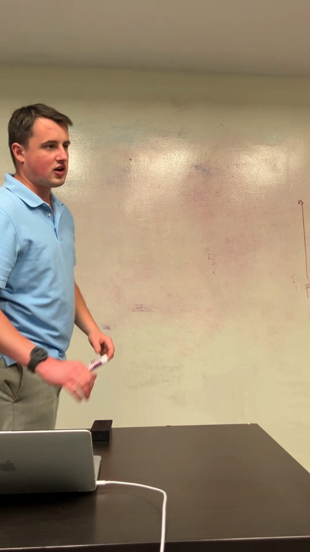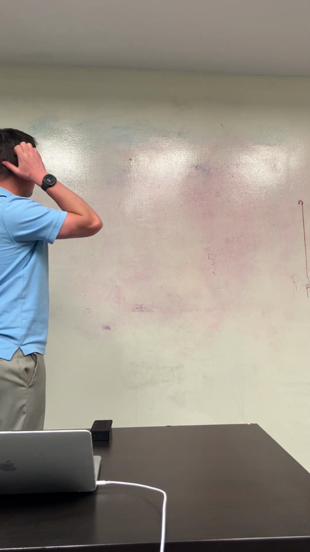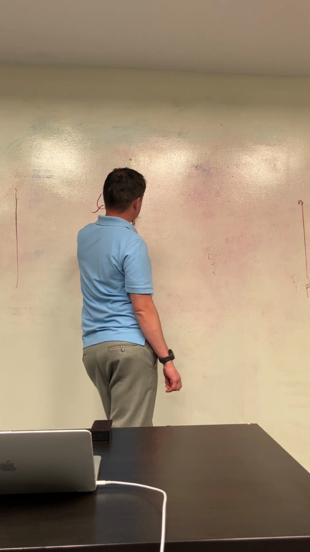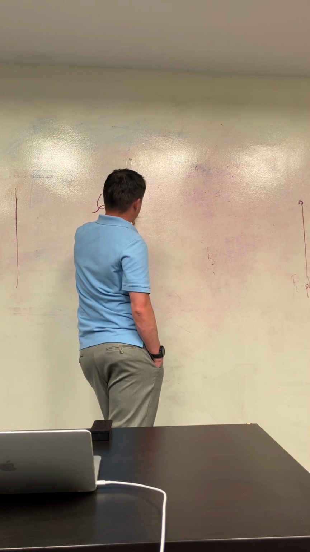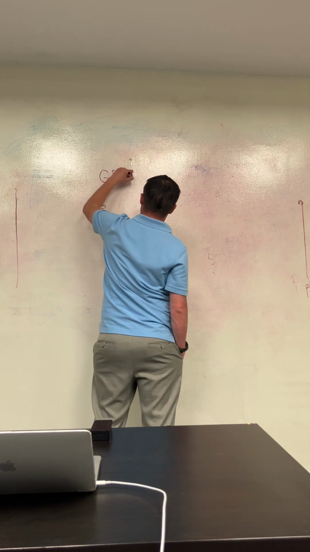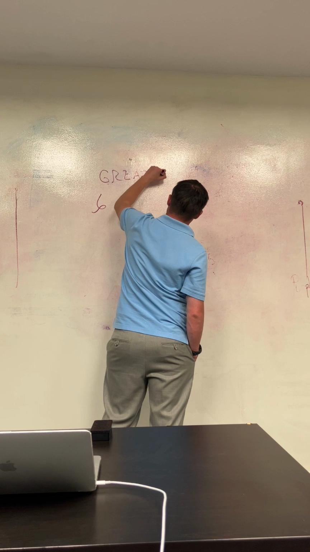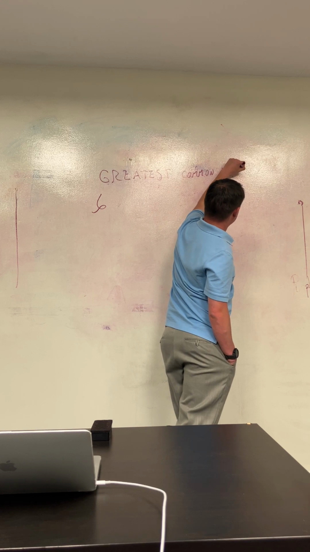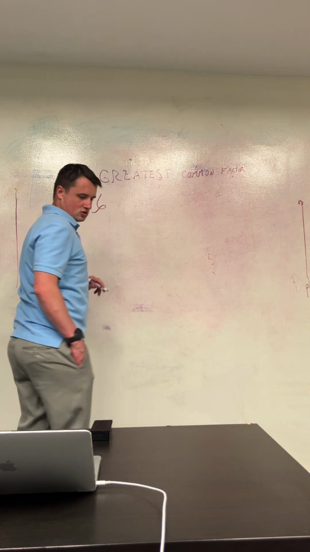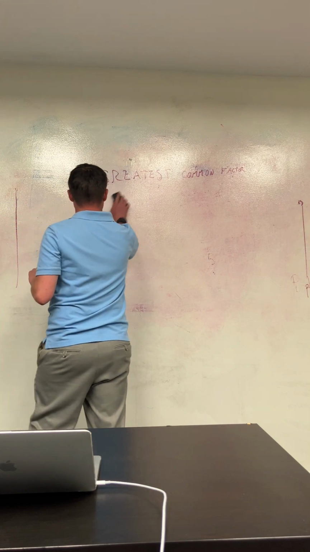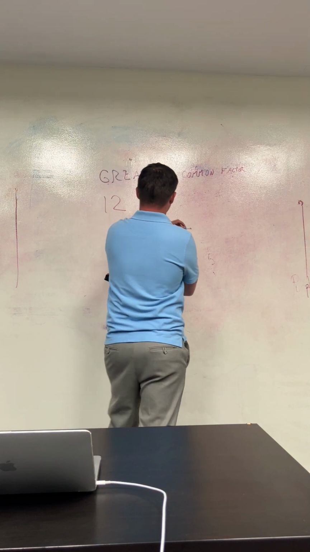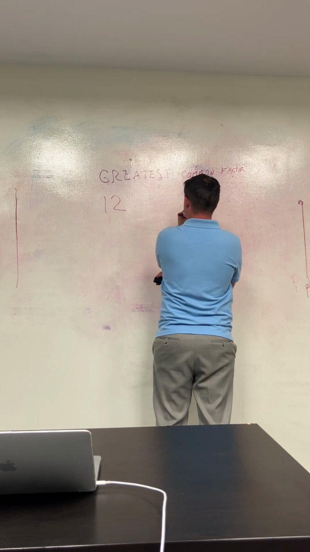The last topic with factors is let's talk about the greatest common factor of a number. So let's say we have 12 and 8.